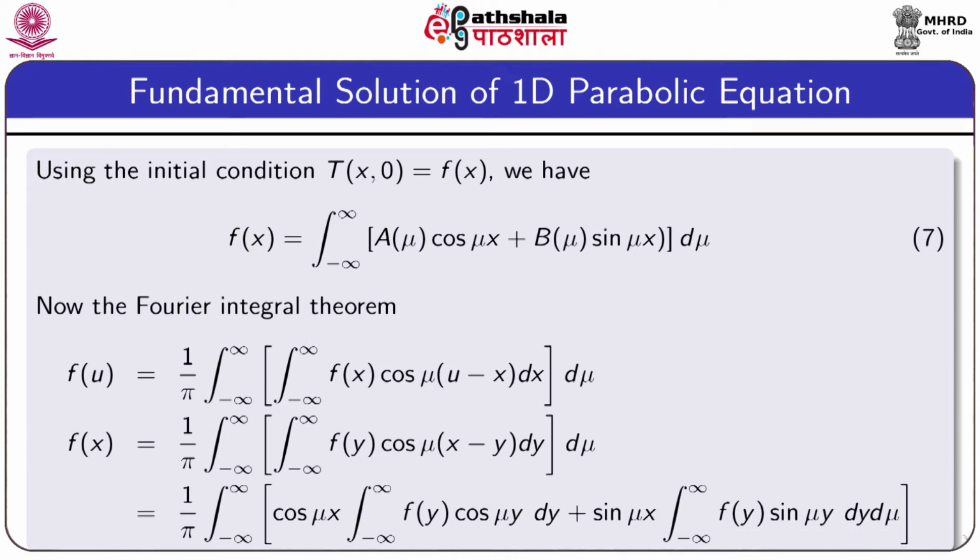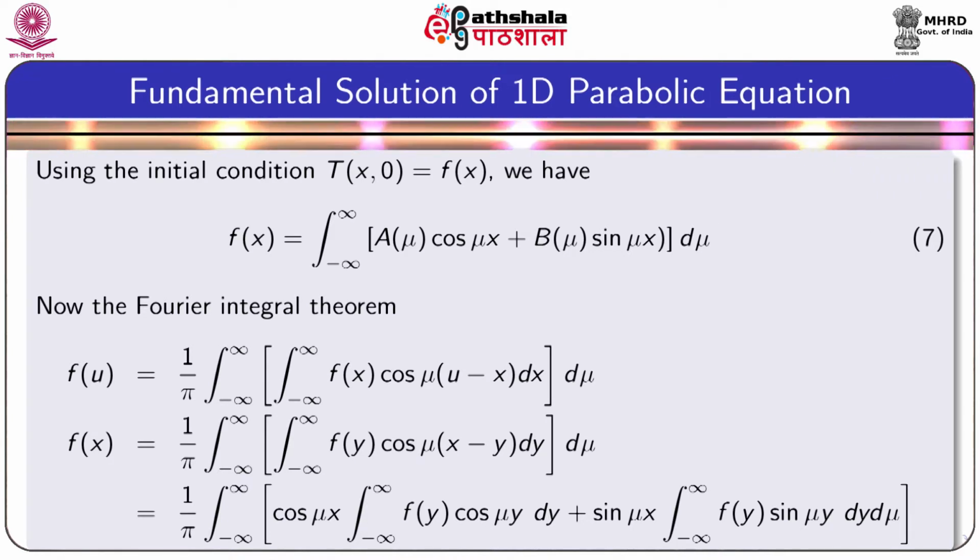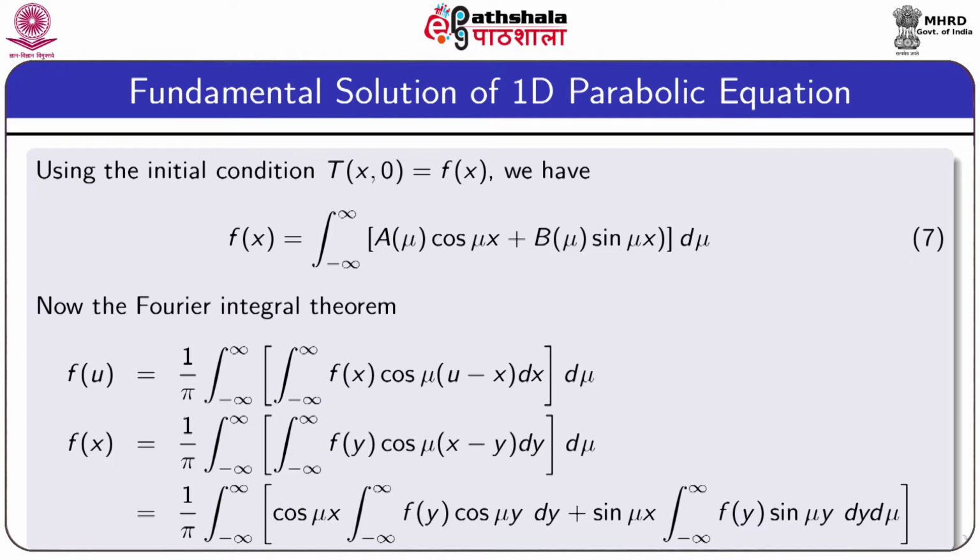We have the initial condition T(x, 0) equals f(x). So, f(x) equals the integration from 0 to infinity of a(mu) cos mu x plus b(mu) sin mu x, and here we put t equal to 0. So, e to the power 0 becomes 1. Thus, we obtain equation 7.